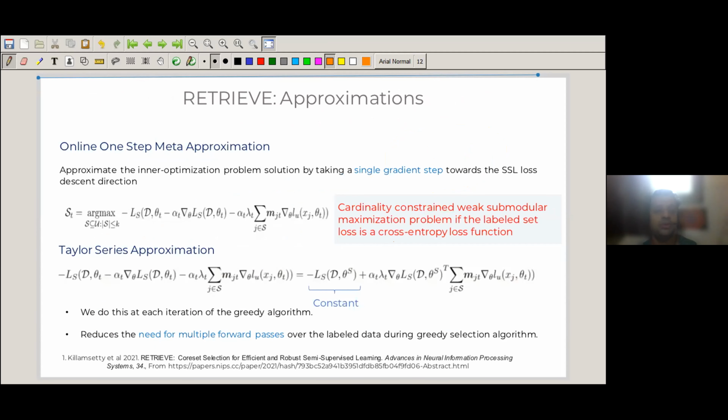So there are two things we do. One step, like before, we approximate the inner optimization problem by taking a single gradient step towards a semi-supervised loss descent direction. That's the first one. And the second is you also do a Taylor series approximation on the outer semi-supervised loss.